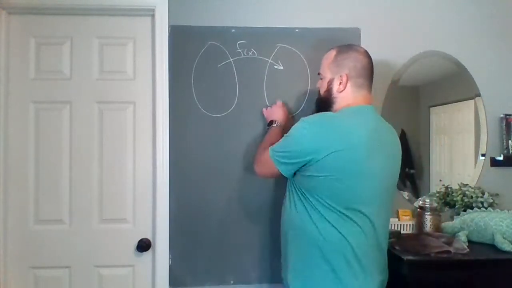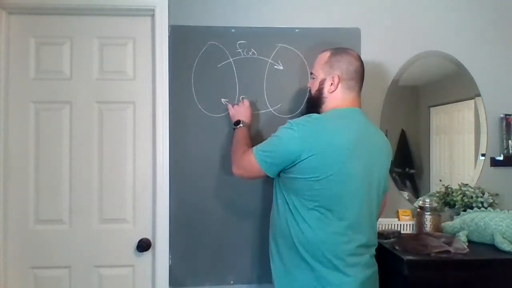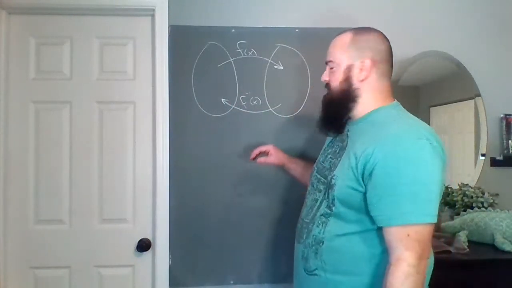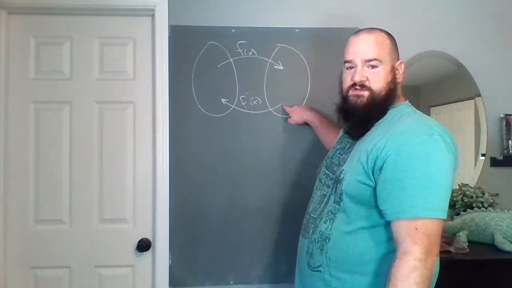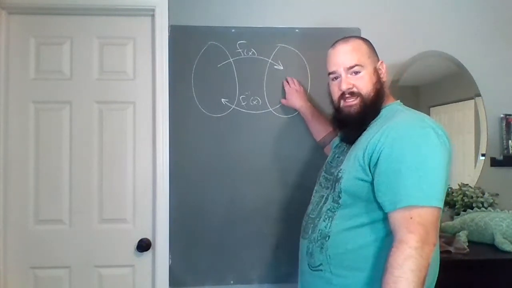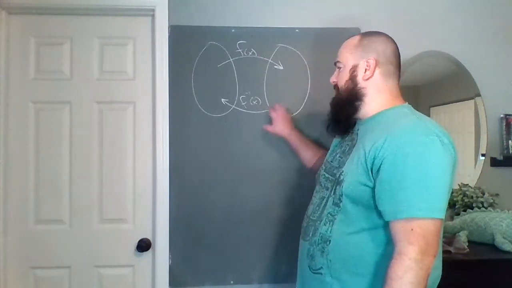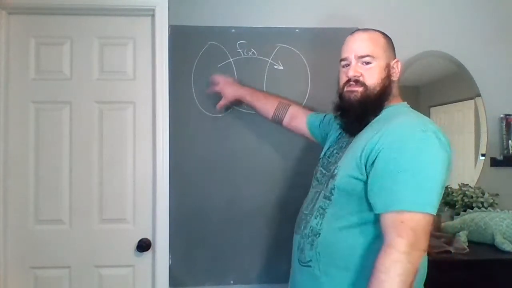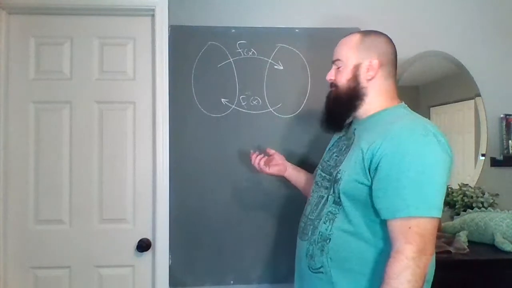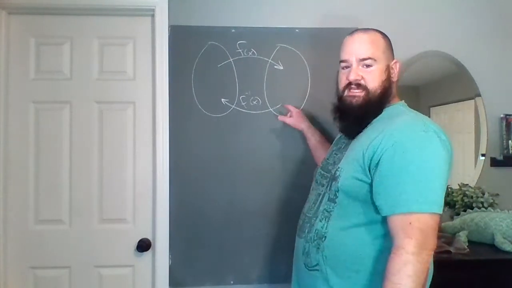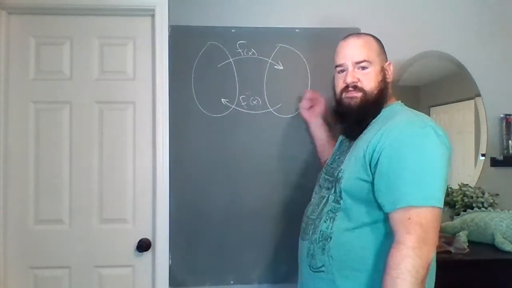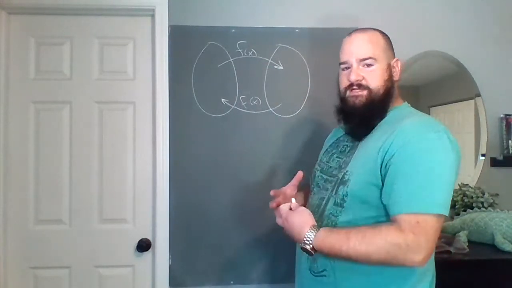So the inputs of the inverse function are actually from the range of the original, and it outputs something in the domain of the original. So it has this nice cyclical nature, right? What's really cool is that the inputs of one become the outputs of the other, and the outputs of one become the inputs of the other. So we have this really cool relationship.